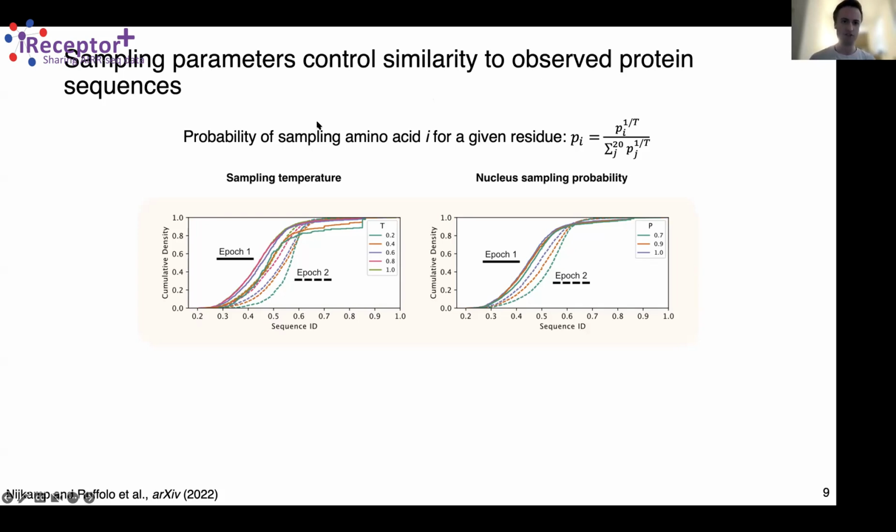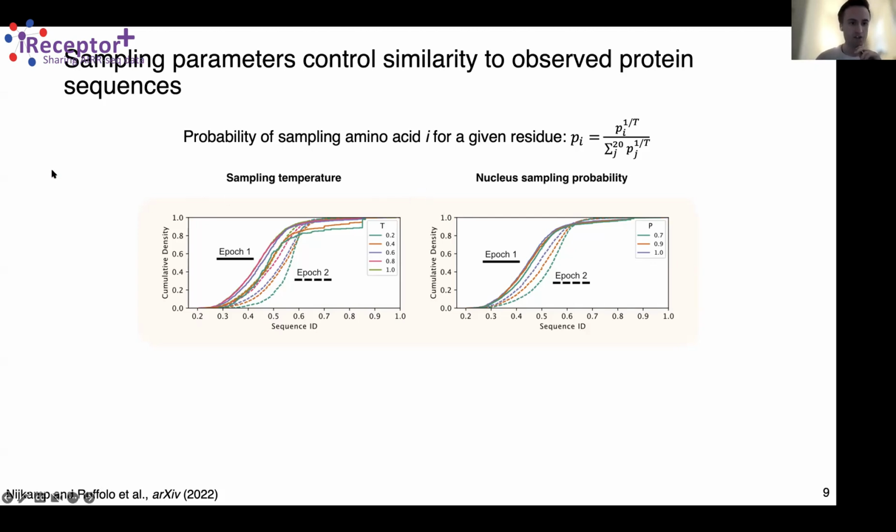So what we're doing with temperature is basically raising the temperature to flatten the distribution out. So something that might have been 90% likely at a position, if you raise the temperature, might become 60% likely. With nucleus sampling probability, what we're doing is truncating the distribution. So we can say that for each position, we only want to sample the residues that make up the highest 50% of the probability distribution. So this restricts diversity as you lower the p-value.